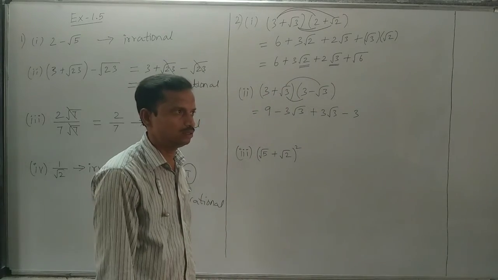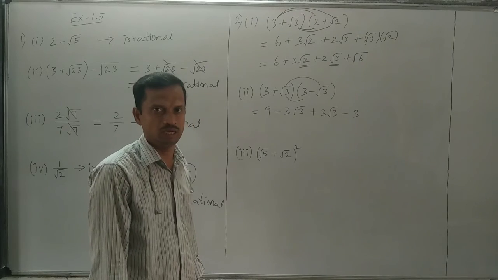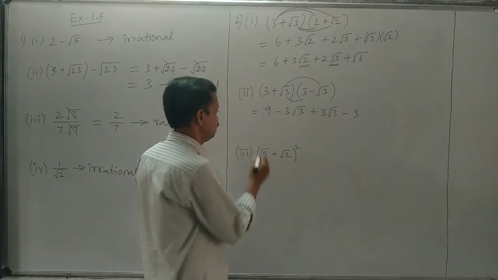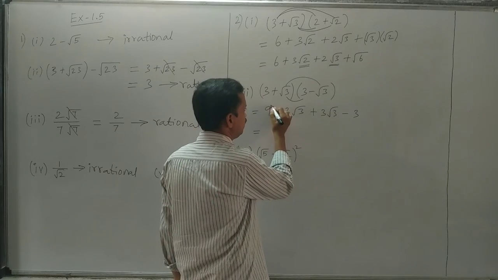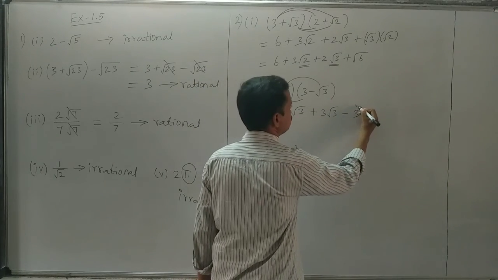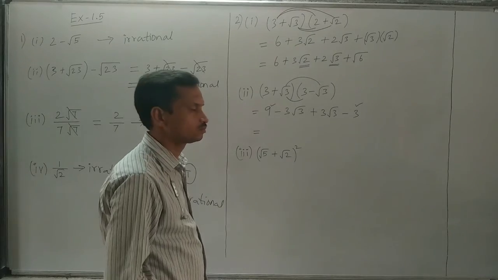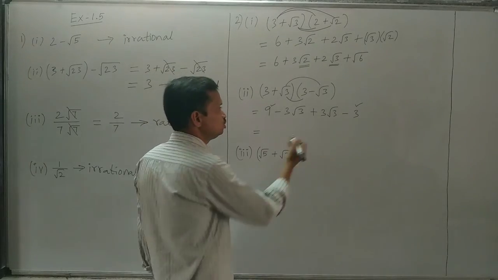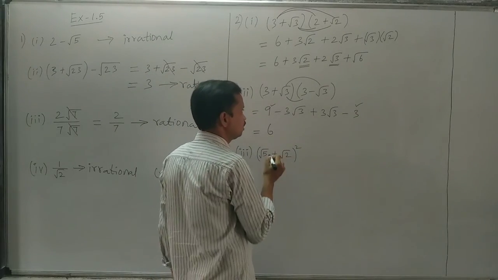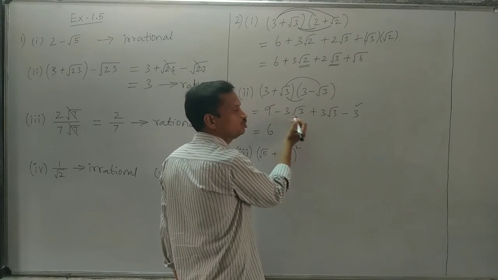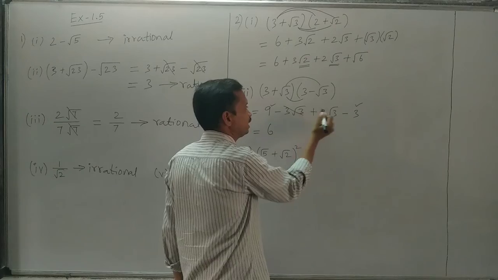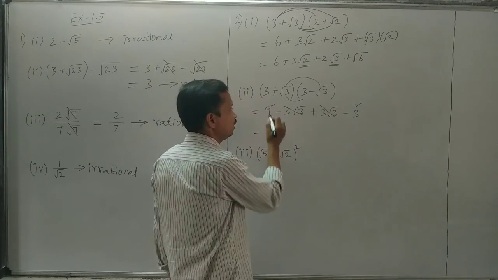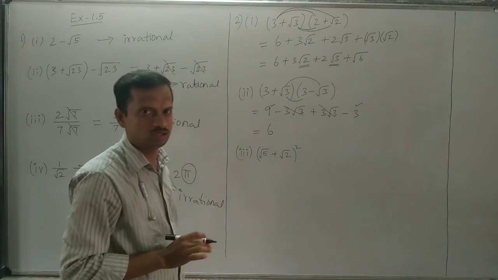If you multiply the same root number, root 3 into root 3, you get 3. And now this 9 and this 3, we can simplify. They are integers. So 9 minus 3, 6. And this one, minus 3 root 3, this is plus 3 root 3. Same quantity, opposite sign. You can cancel this. And what you get, 9 minus 3, 6 is the final answer.